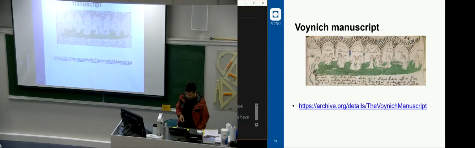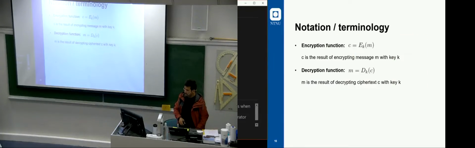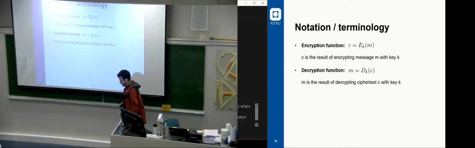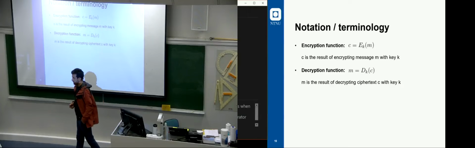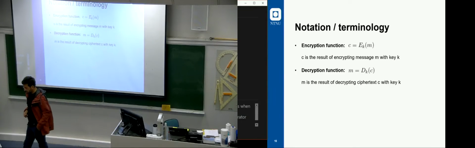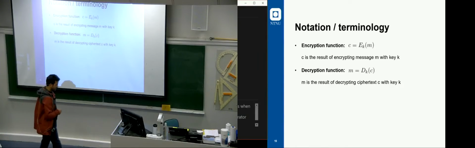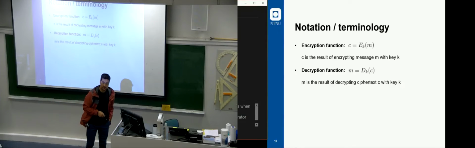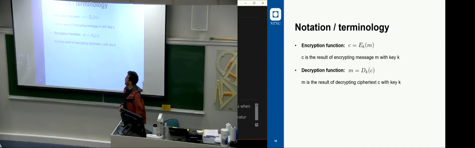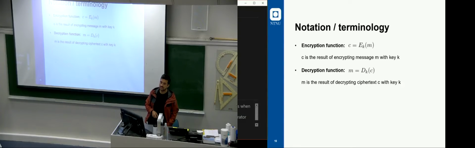Yeah. Some more terminologies. We have the encryption function, which I already told you what encryption is. Here, if you can see, we have a message M, and K is the encryption key, which changes that message into a ciphertext C. Got it?